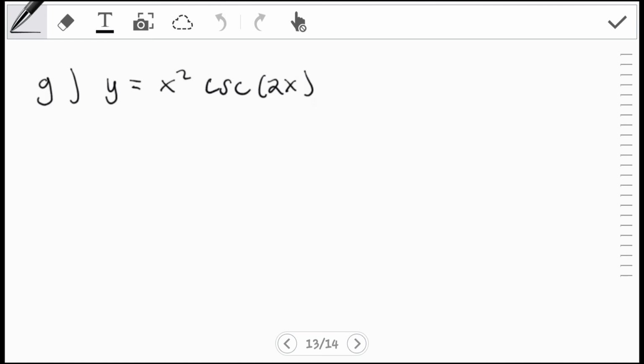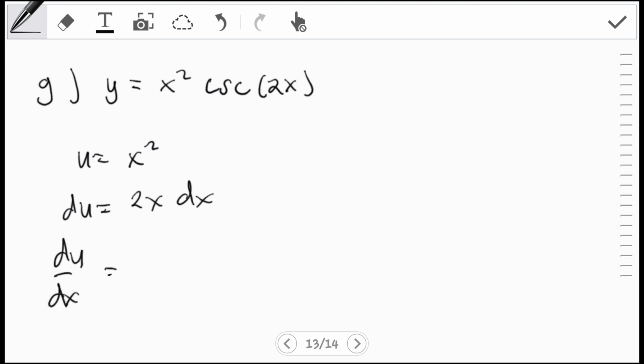What is the first derivative of y is equals to x squared cosecant 2x? Okay, so let u is equals to x squared and du is equals to 2x dx. Okay, so du over dx is equals to 2x. And then v is equals to cosecant 2x.